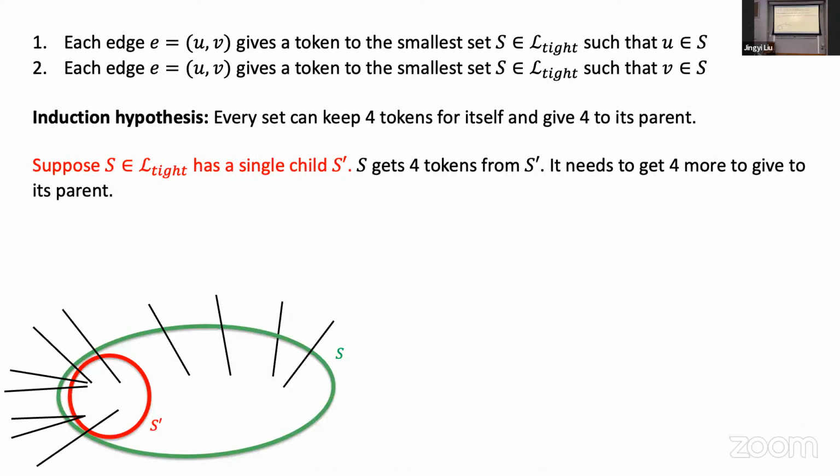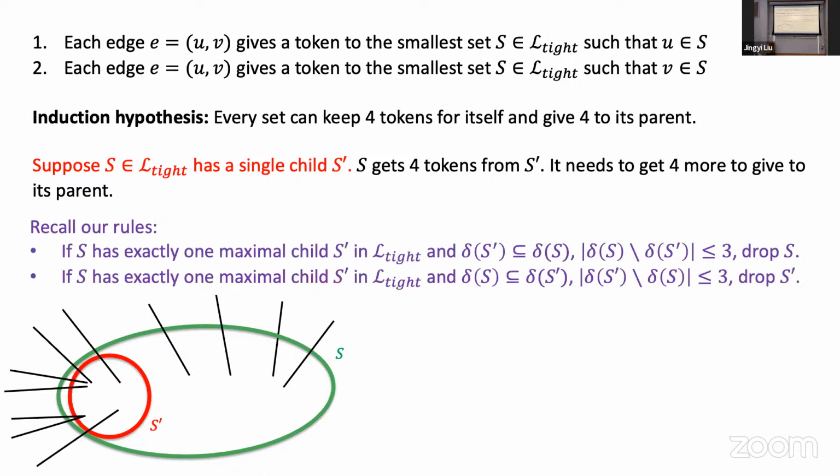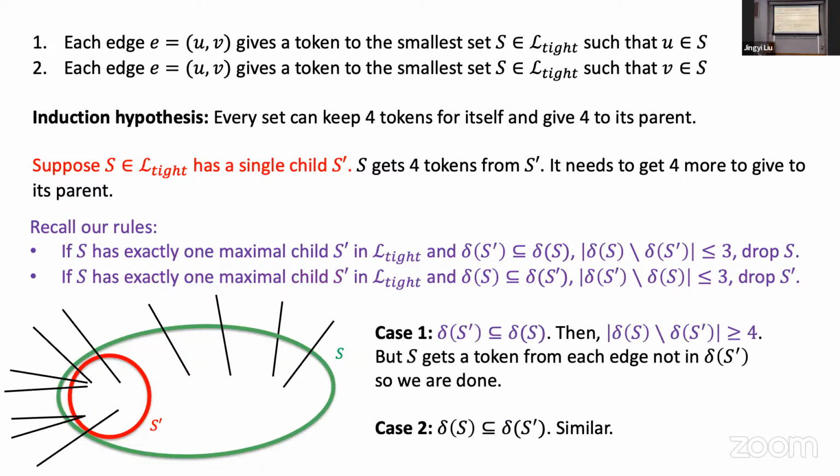Okay, so first let's do the case in which, first, remember kind of our rules. And we know that first let's check this case where S prime has a subset of the edges of S. Then by this rule, there's at least 4 edges in the symmetric difference, because if there were 3, I would have dropped this set.